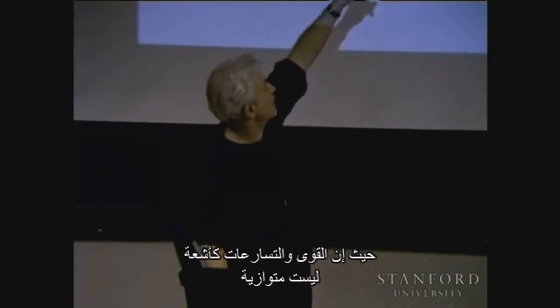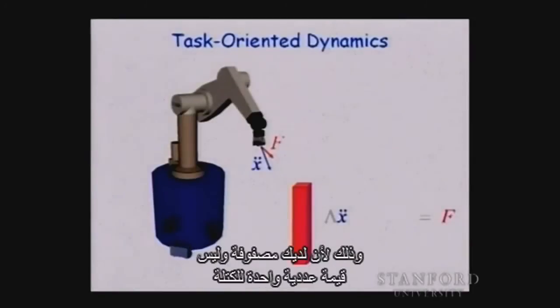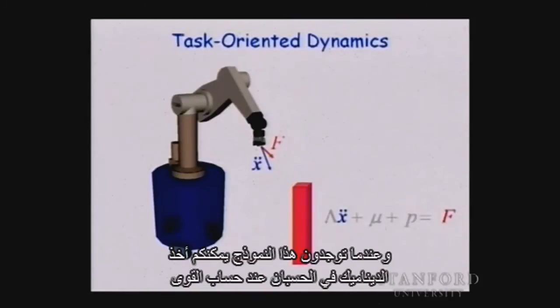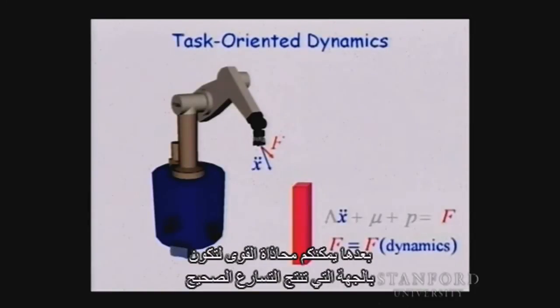That is, forces and acceleration are not aligned because you have a matrix. And because of that, you need to establish the relationship between the two. And once you have this model, you can account for the dynamics in your forces, and then you can align the forces to be in the direction that produces the right acceleration.